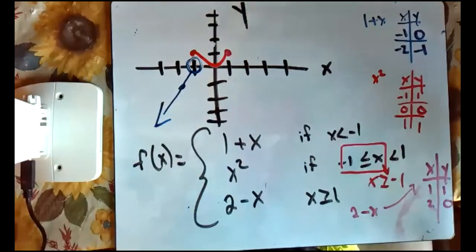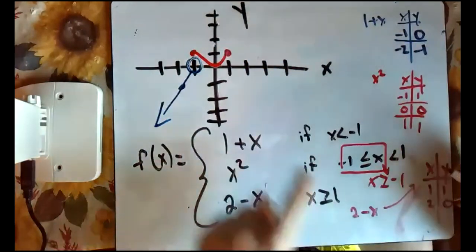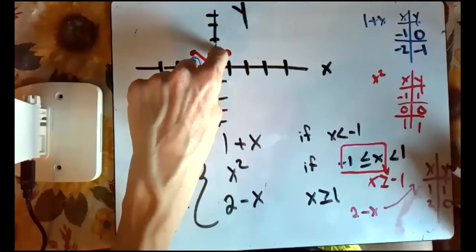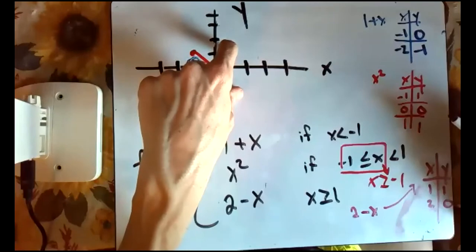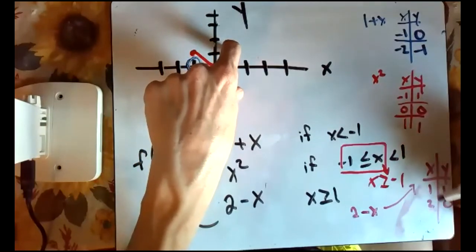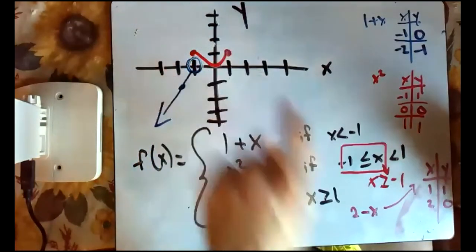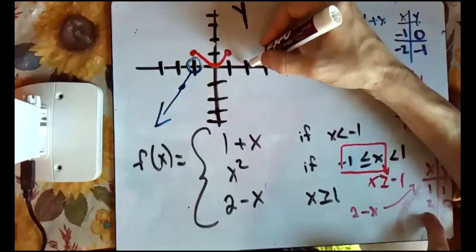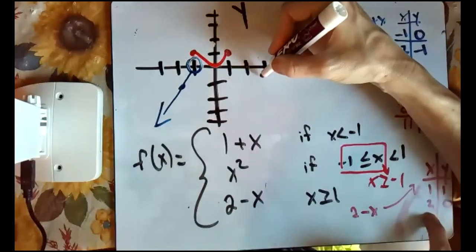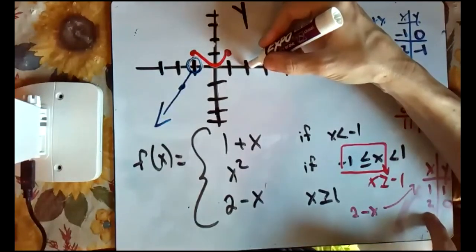So it looks kind of weird, right? You have an open circle from the red, the x squared, and then you have a solid circle from the 2 minus x. Is that possible? It sure is, but let's continue to draw the rest of this. So then we also have the next point, which is 2, 0. And this is not going to be an open or closed circle at all.